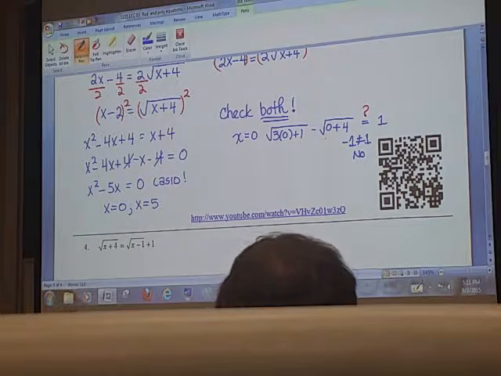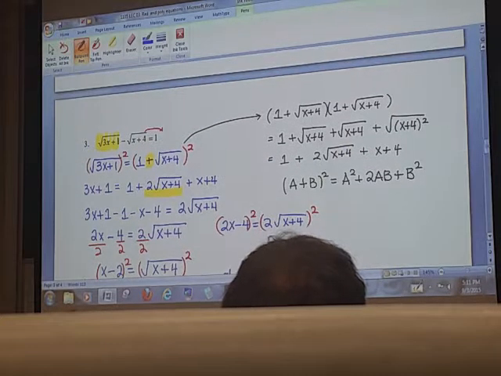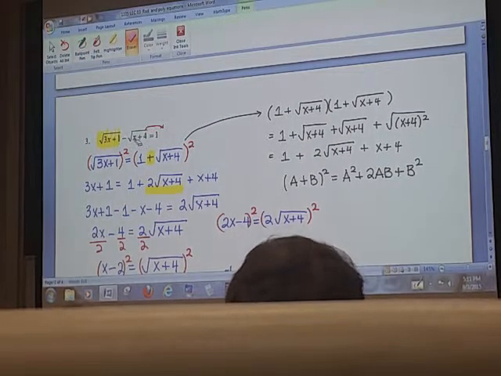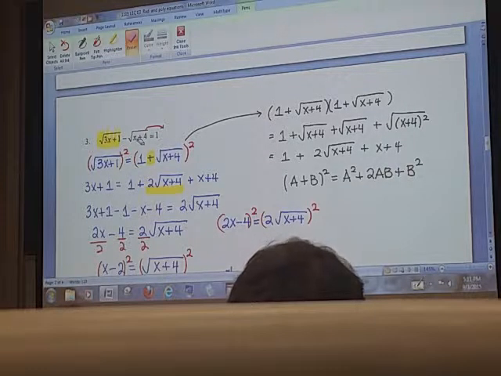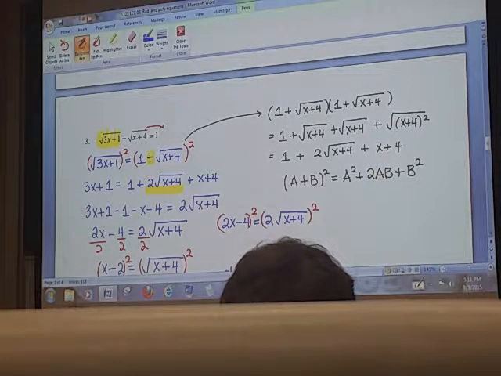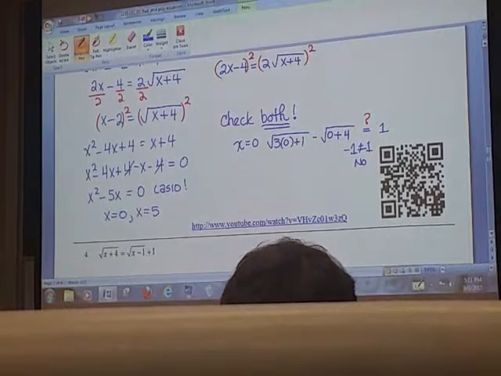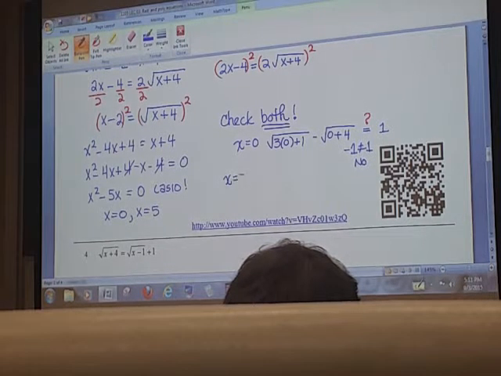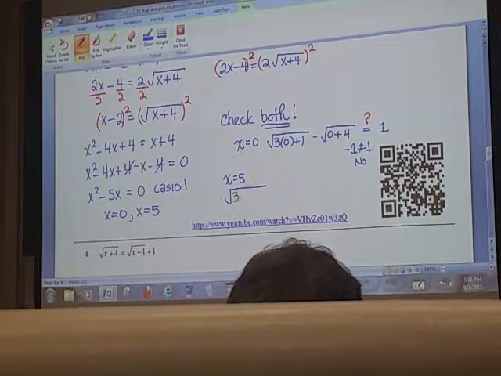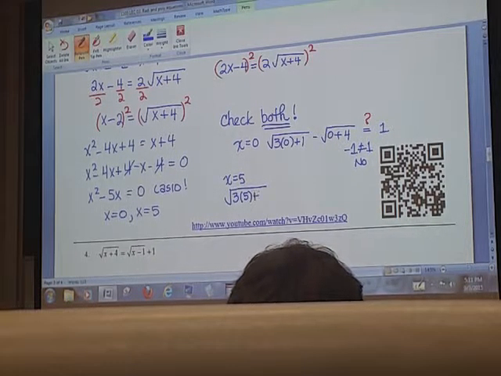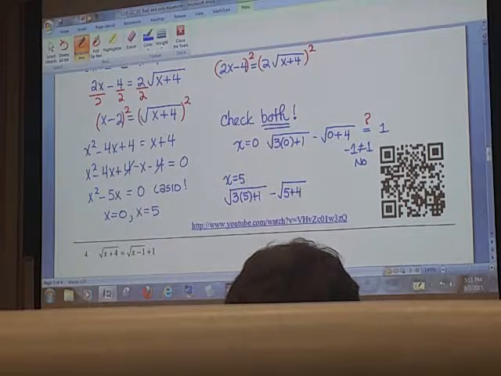Notice that's the original equation. I'm way up here. Before I squared, before I moved anything, you go all the way back to the beginning. And then I check x equals 5. So that is the square root of 3 times 5 plus 1 minus the square root of 5 plus 4, and it's supposed to equal 1.